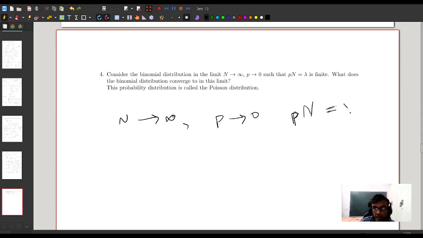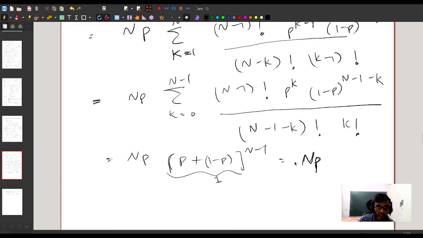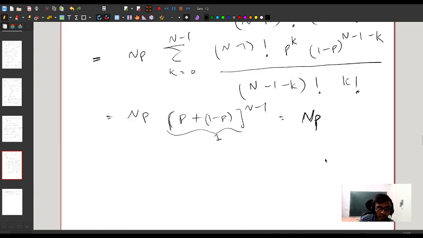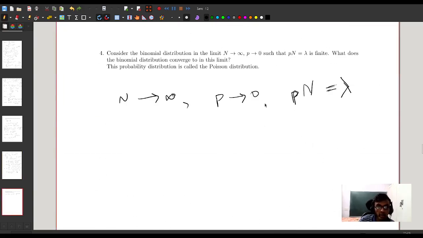So p times n is lambda, that is finite. Let's find out what this probability distribution converges to in this particular limit.